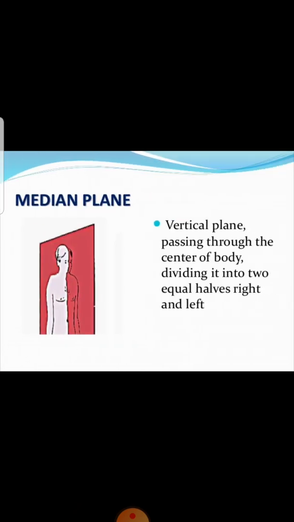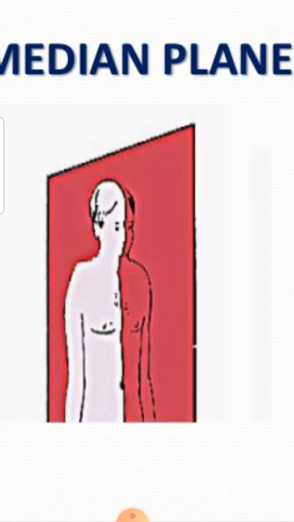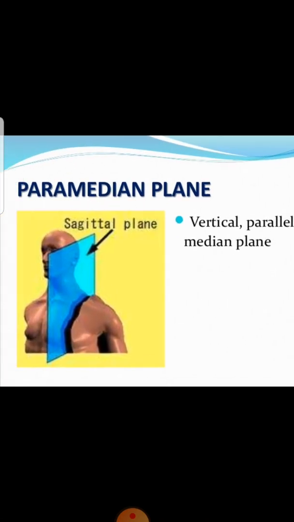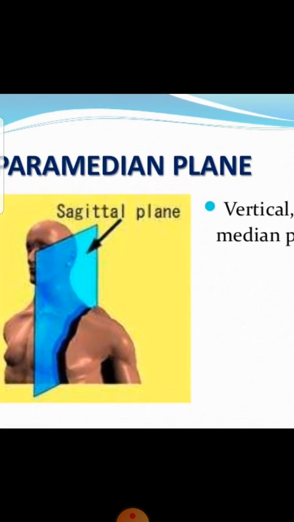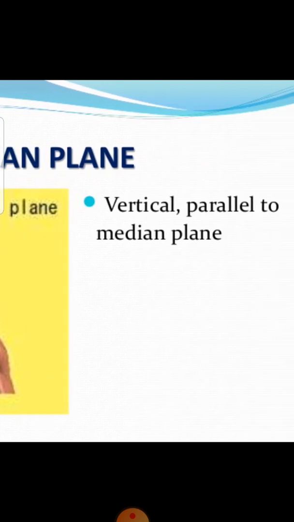This was the median plane, and you can see that the plane is passing through the center and cutting the body into two equal halves, while in the paramedian plane you can see that it is parallel to the median plane, and although it is dividing the body into right and left halves, it is not dividing the body into two equal halves.